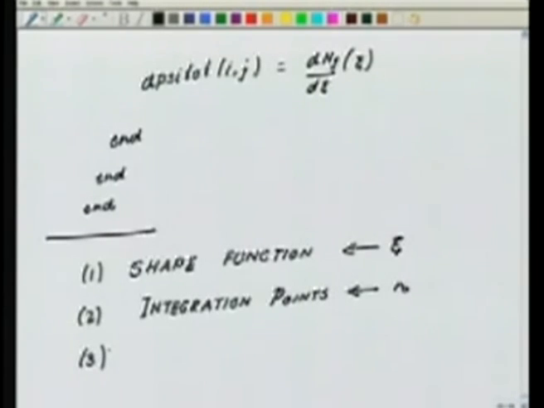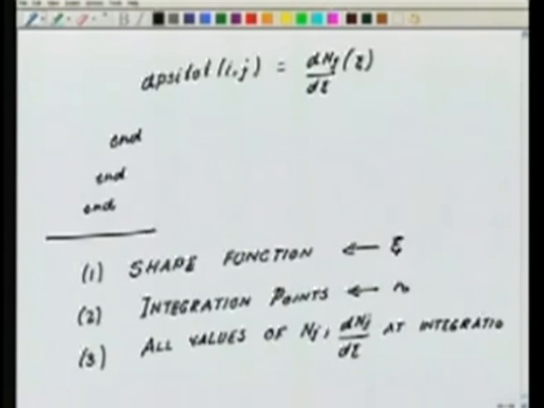And now thirdly, given the order p, we can get all values of shape functions at integration points. So, now we are going to use this information in the next lecture to obtain the suitable routine which can do the element stiffness matrix and the load vector calculations. Once we have that routine, we would have done a significant bulk of our 1D computational program, the finite element program that we want to write in one dimension. So, we will start off with this in the next lecture. Thank you.